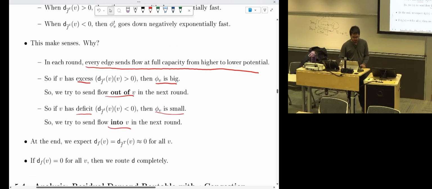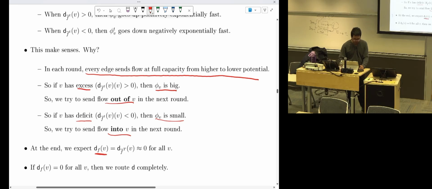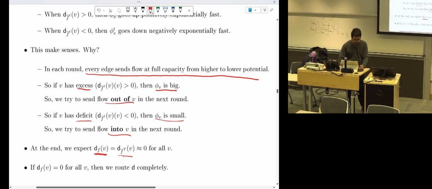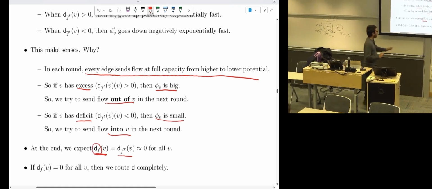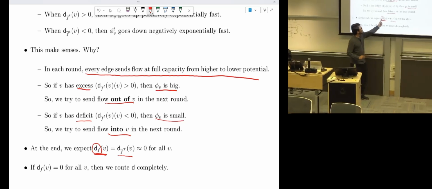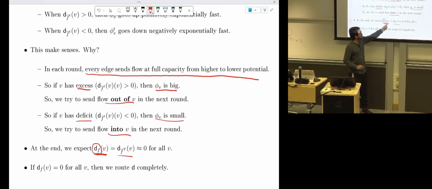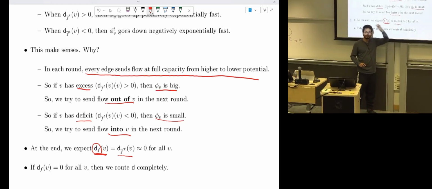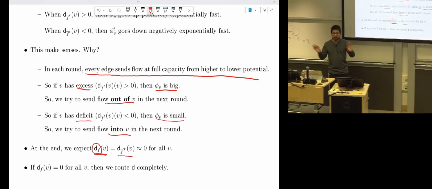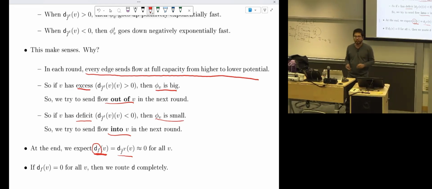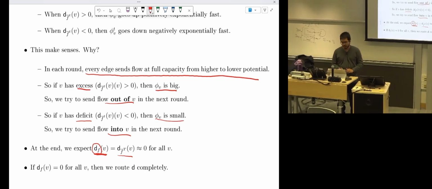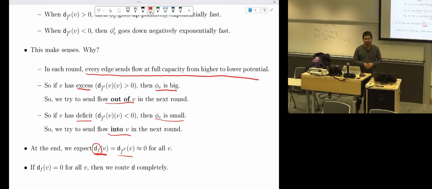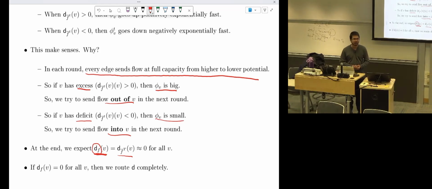So at the end, you hope that the residual demand at v should be close to 0. And if it's actually 0, then we are done. We routed everything, but it's not going to be exactly 0. How exactly, we're going to see now.